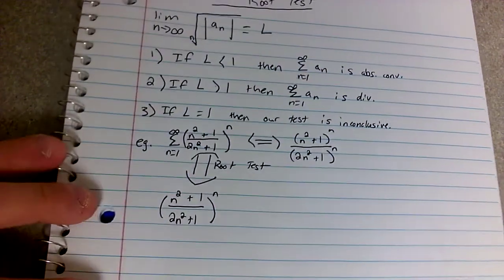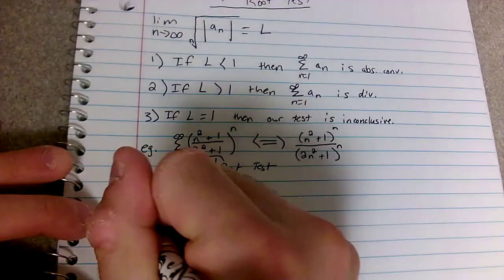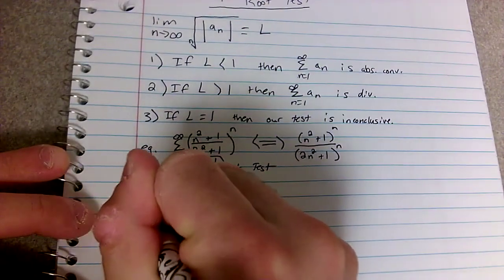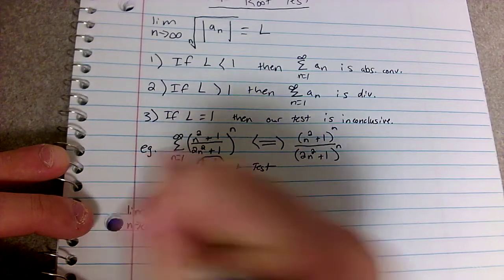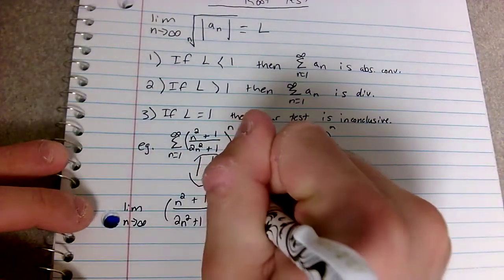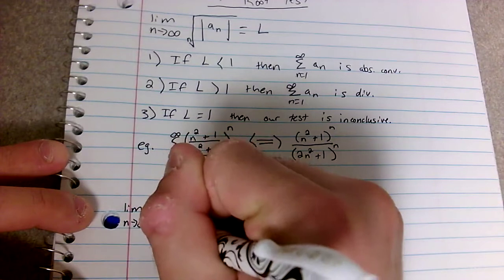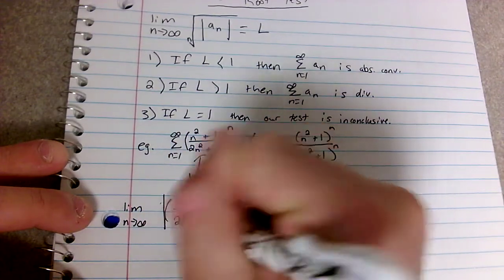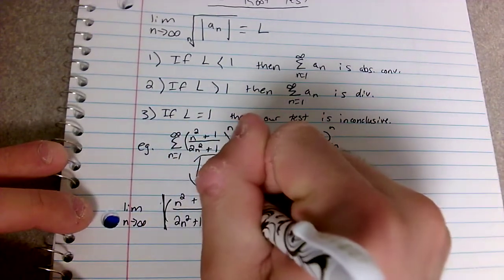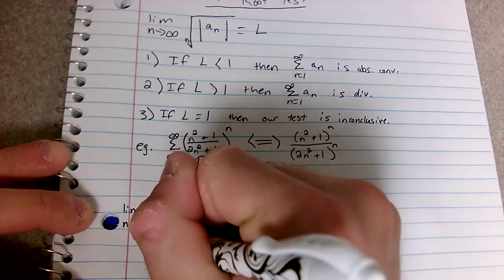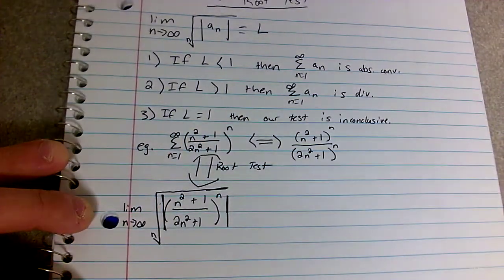Now to do the root test here, we're going to take the limit as n approaches infinity of the absolute value of this whole thing and take the nth root.